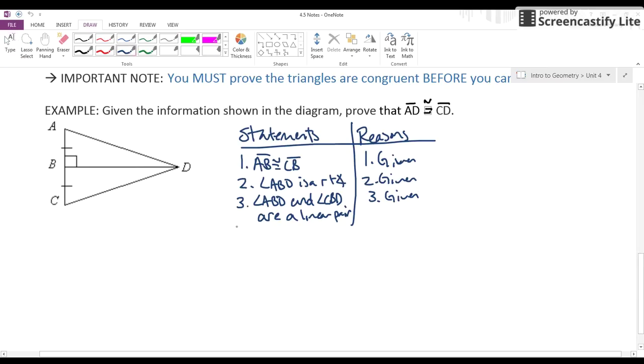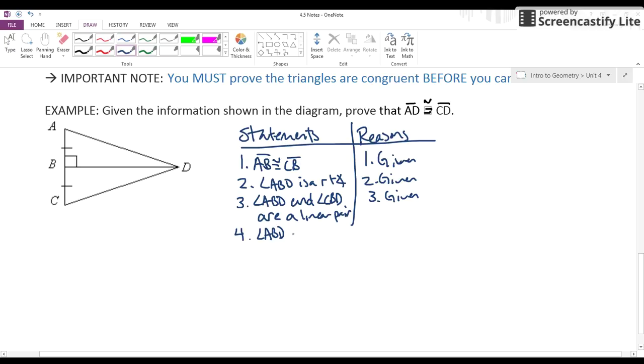So since they're a linear pair, we know that they're supplementary. Oops, I forgot the other angle here. So let me backtrack for a moment.